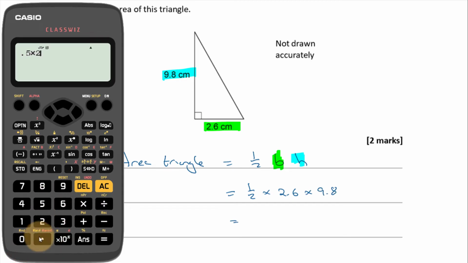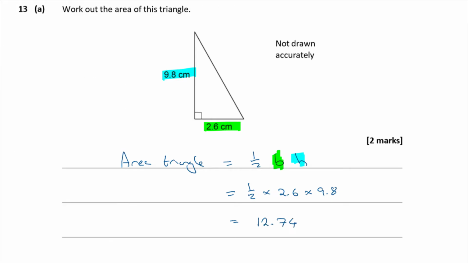Just tapping that into the calculator, 0.5 times 2.6 times 9.8 comes out to be 12.74. What units? If it's centimeters times centimeters, that is centimeters squared, isn't it?